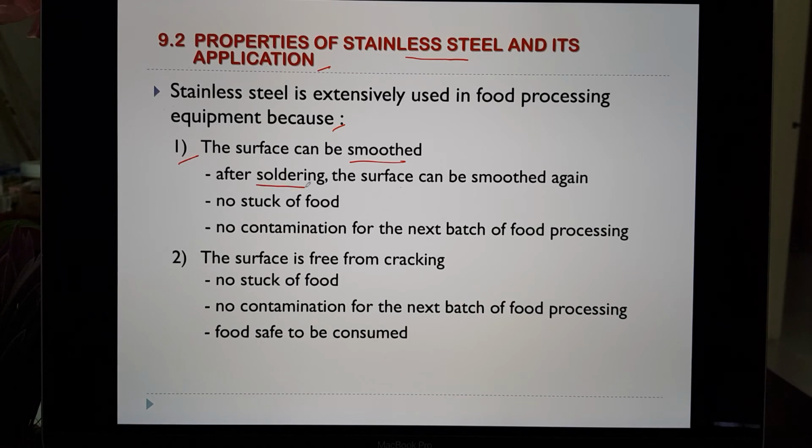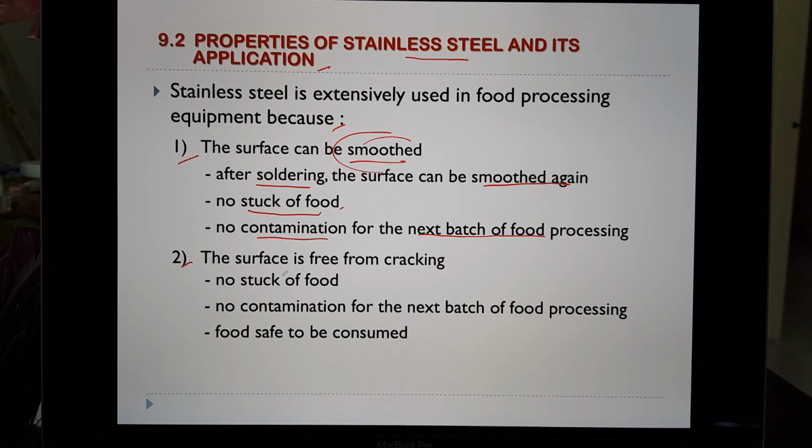After soldering stainless steel, it can be smoothed again by using sandpaper. There will be no food stuck because the surface is already smooth. There is no contamination because no food gets stuck on or in between the surfaces of the stainless steel for the next batch of food processing.